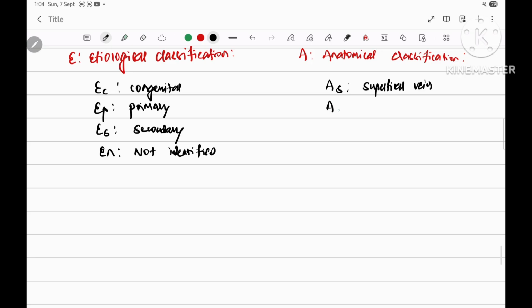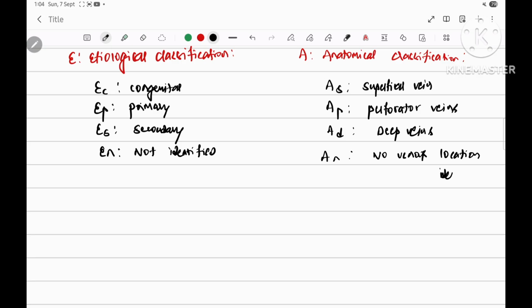The second one is AP, perforator veins. And the third one is AD, that is deep veins. And the fourth one is AN, no venous location identified. Okay, so this is the anatomical classification.